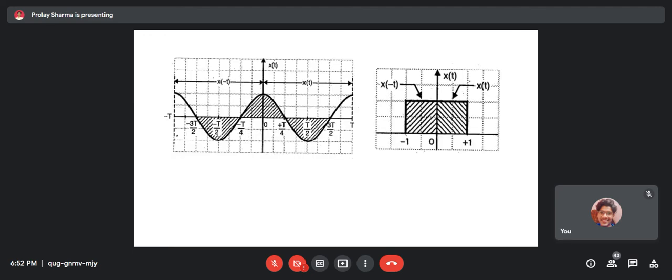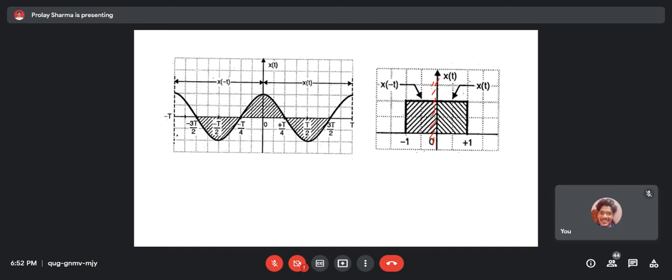Now, how can we understand pictorially whether it is even or odd? Suppose we have this kind of function. An even function is basically symmetric with respect to the vertical axis. If a signal is symmetric with respect to the axis, then it is called an even signal.